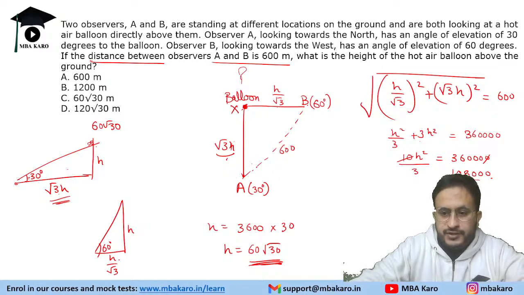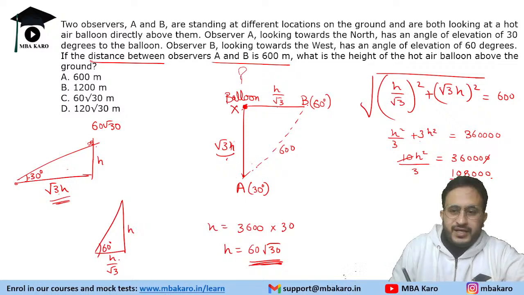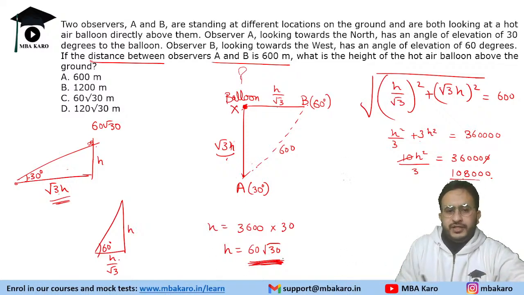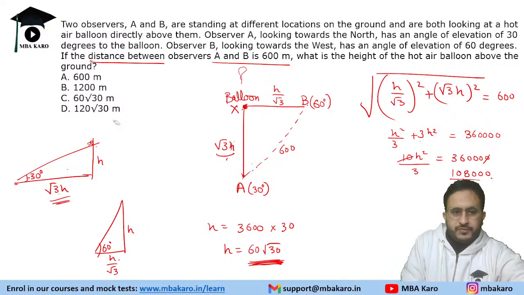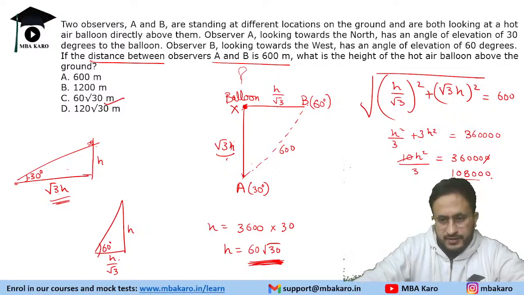So this we are using trigonometry only, na? We are not using algebra here. What is trigonometry? Trigonometry is the study of triangles, isn't it? So the answer you will get is 60 root 30, not among the given options. So that will be your answer.